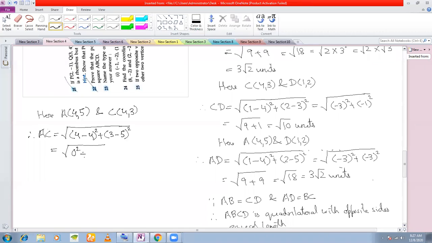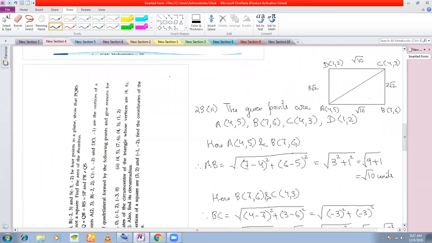So 0 square plus minus 2 square. This is root over of 0 plus 4, square root 4, 2 units. Okay, that is the diagonal AC.